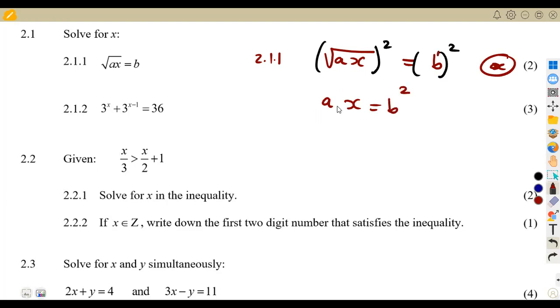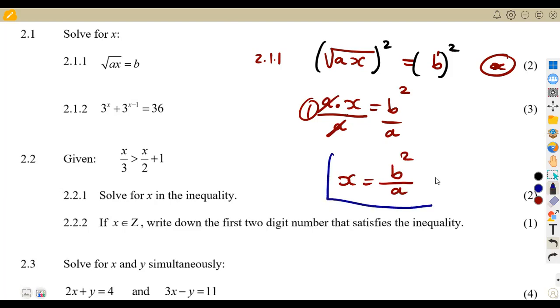So how can I make x the subject? Here you are multiplying, so to solve for x, you divide by a, so that this will cancel, you get a 1. 1 times x, which is x, is equal to b squared over a. So in this case, I have x, which is equal to b squared over a. I have solved for x in that case.